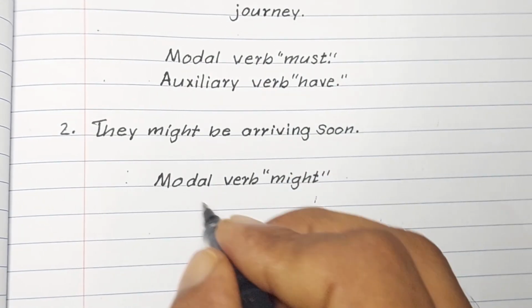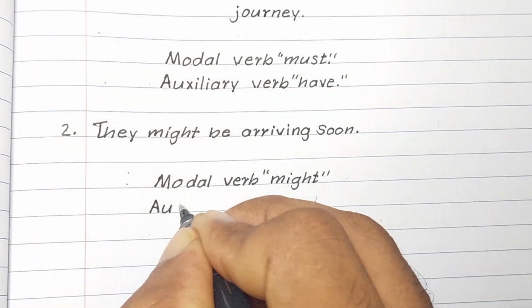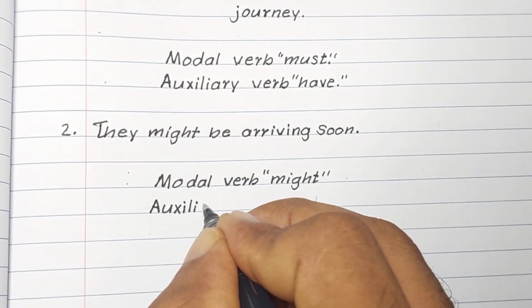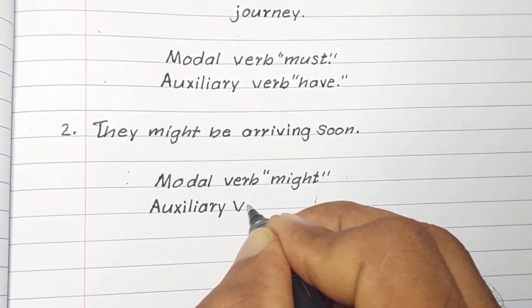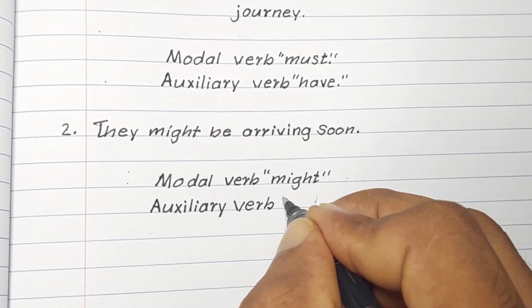They might be arriving soon. The modal verb might suggests possibility, and the auxiliary verb be helps form the continuous tense.